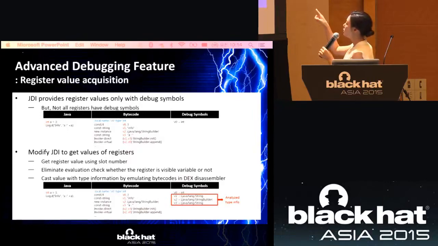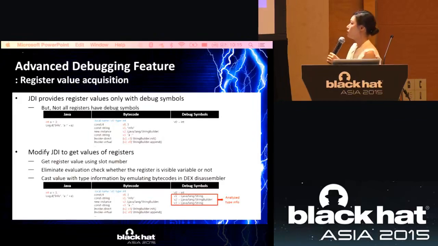When we see this bytecode, there are V0 to V3 registers used, but only V0 has a debug symbol because Java assigned int a to V0. But in the debugger, we need to provide all register values and all register information.